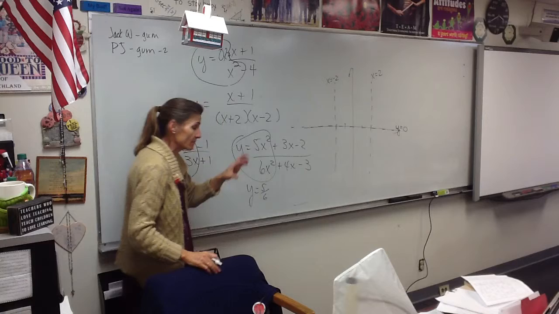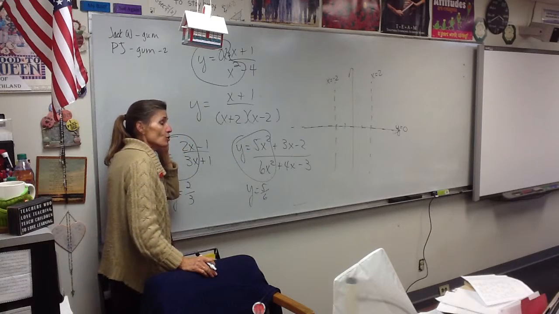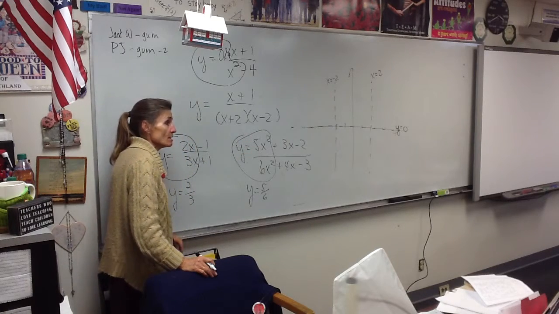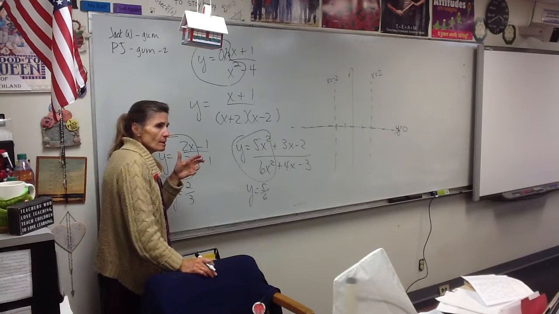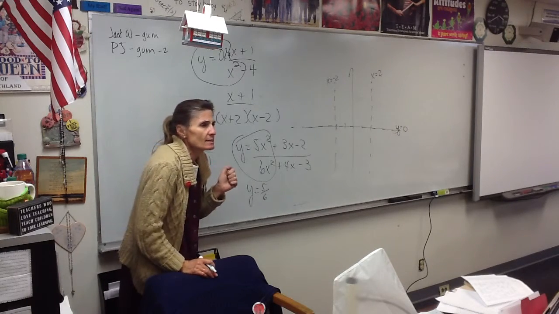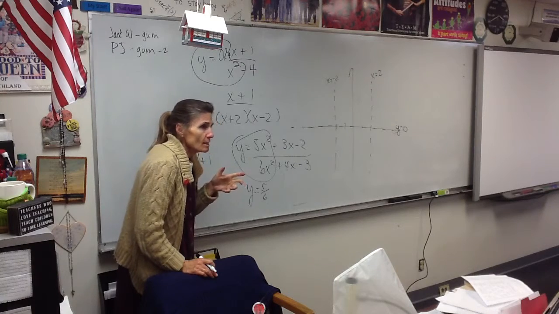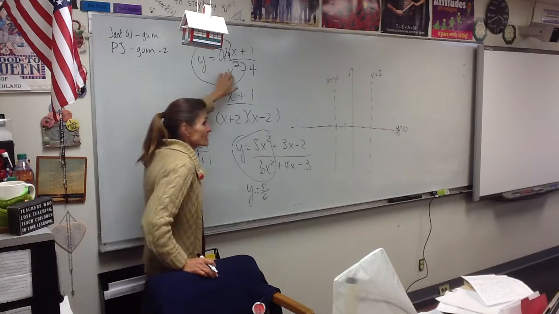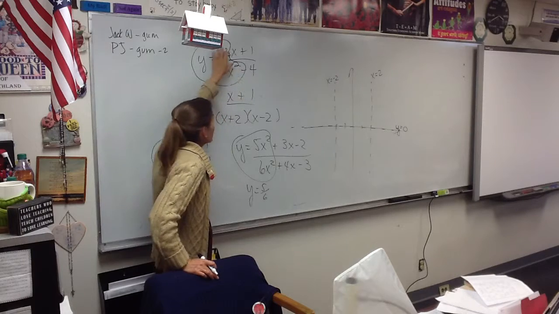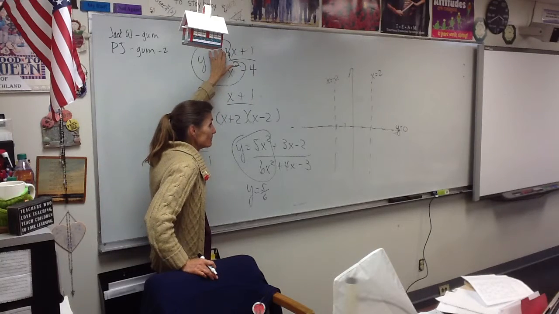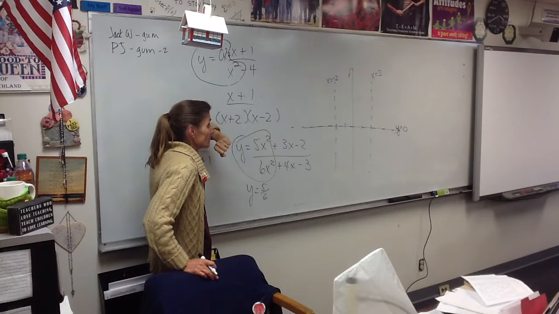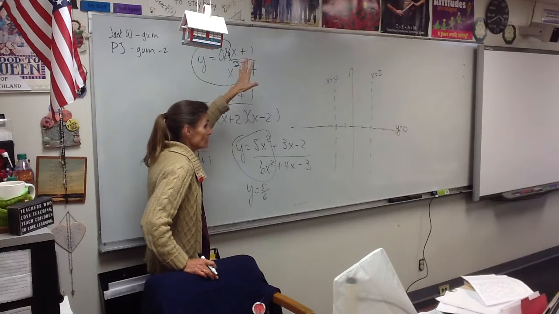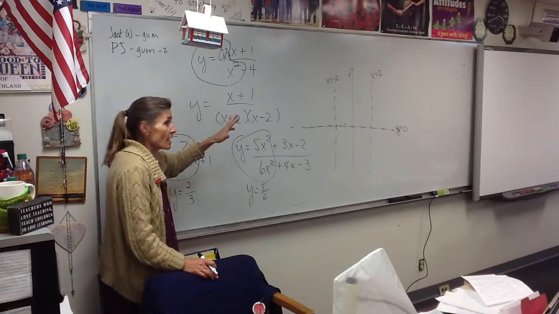So your horizontal asymptote is at y equals 0. Go ahead and write that down. Fill that in on your picture. Your horizontal asymptote is at 0. And why did that happen? Because the powers didn't match, and the big one was in the bottom. So I had to put the 0 in the top, right? And that left me with a fraction with 0 over something, which is always 0. So that's always going to happen.